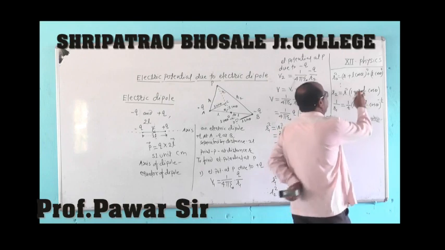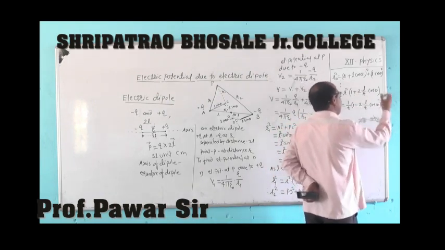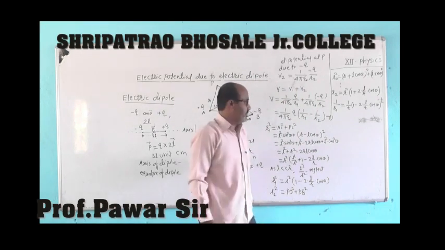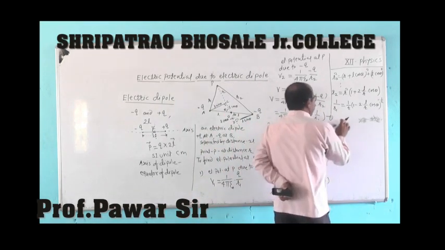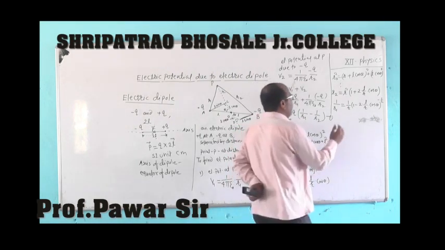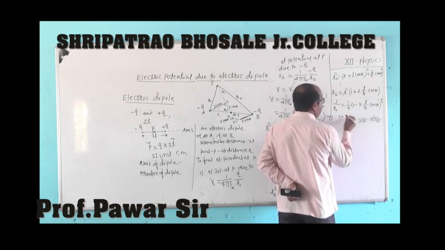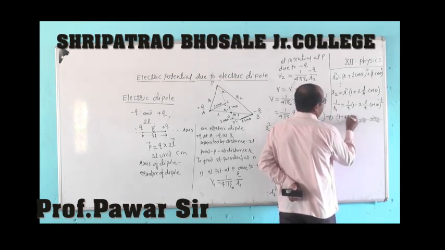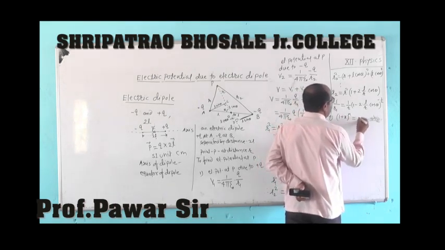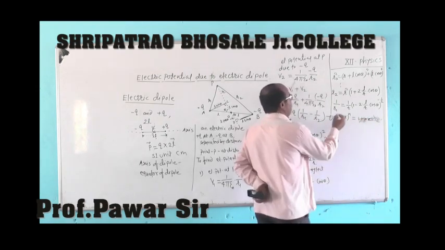To take it to the numerator, it will be 1 minus 2L divided by R into cos theta raised to minus half. If you solve this by binomial expansion, we use the formula 1 plus x raised to n equal to 1 plus nx.